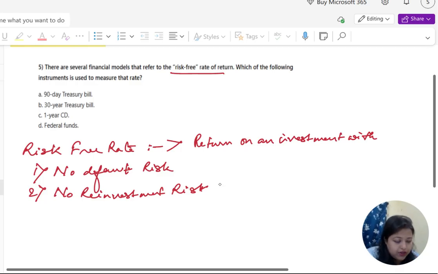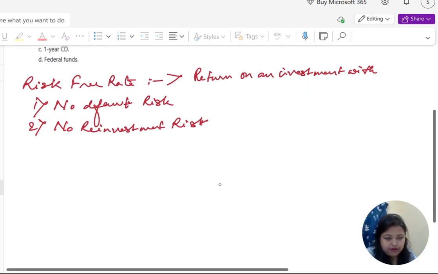In practice, no asset is perfectly risk free. Every asset has got risk, but markets use government securities as the closest proxy. Now, identify the proxy used in models.